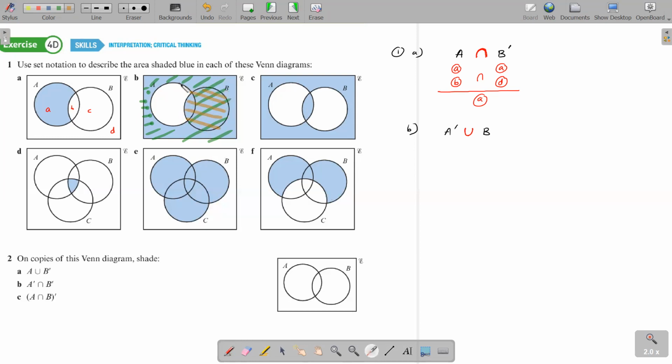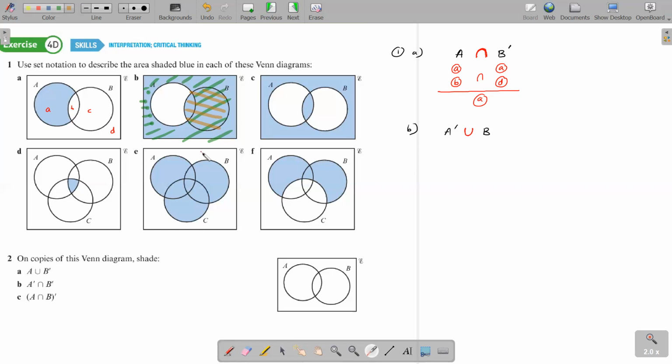So if I take A dash, which means outside, and if I take the entire circle B with its union, so union means you don't go for the common region. You take everyone involved. So you take the regions that are colored once and even the ones that are colored twice. So everything that's colored is coming. So you can see everything that I have colored is exactly what they have colored in blue. That's exactly the shaded region that they have given. So it's A dash union B. Is that clear?